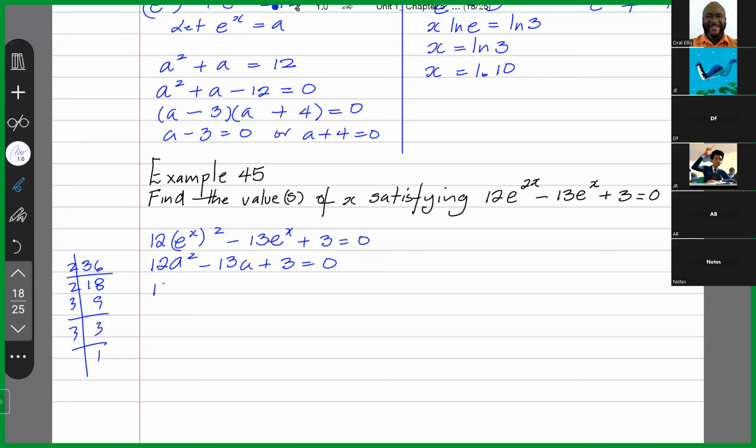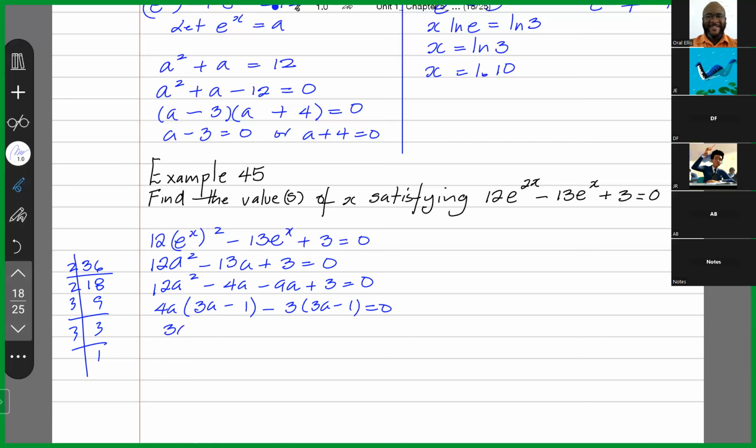So if I have 12a squared minus 4a minus 9a plus 3 is equal to 0. 4a is common, we have 3a minus 1. Over to the right, 3 is common, 3a minus 1 is equal to 0.